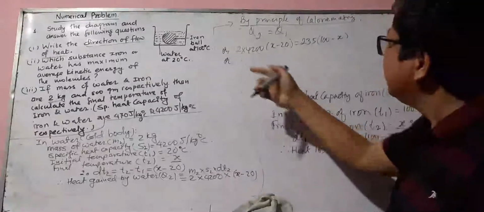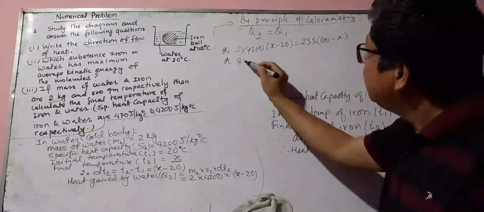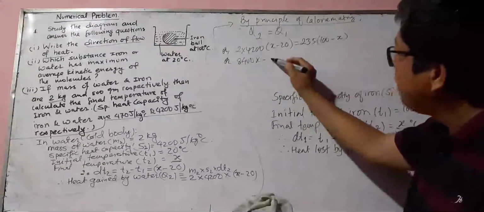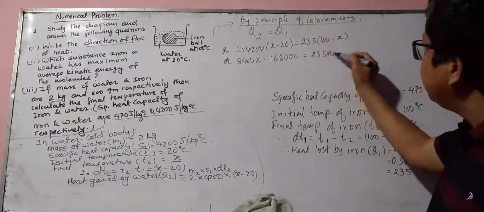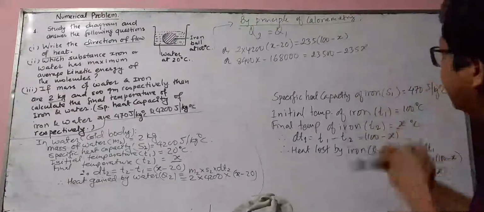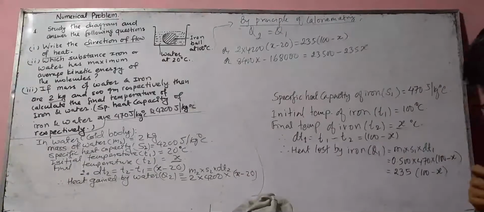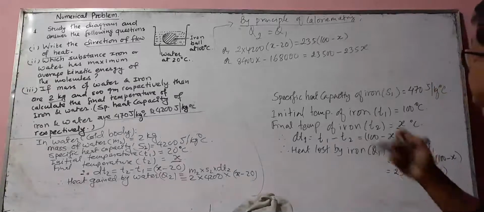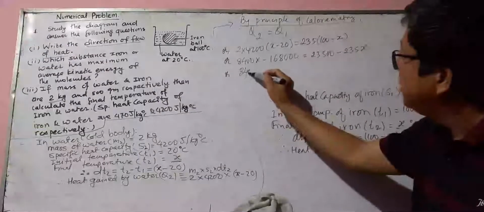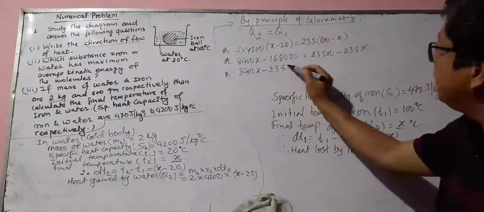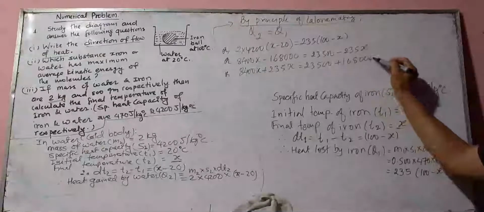So you can calculate it. We get 8400X minus 168,000 equals 23,500 minus 235X. Bringing the X terms to the left, 235X becomes plus, and 23,500 plus 168,000.